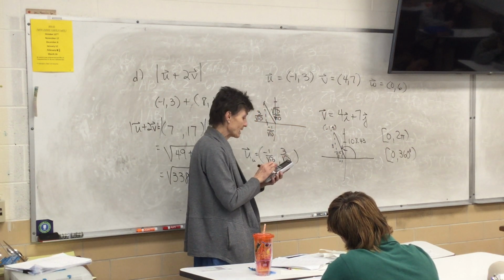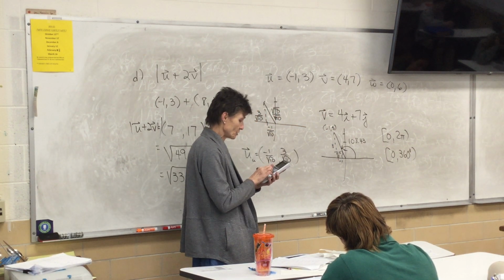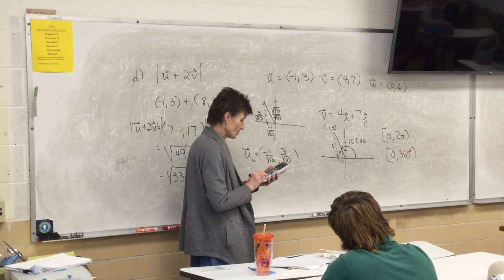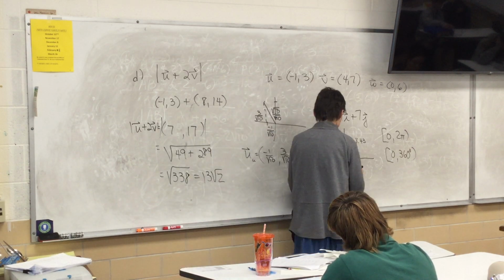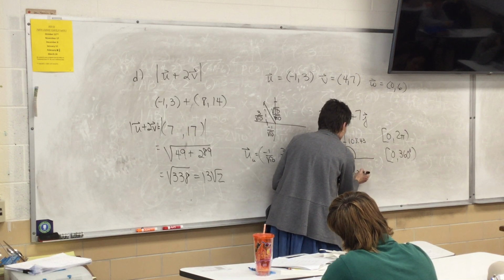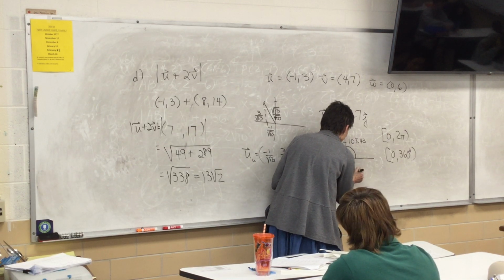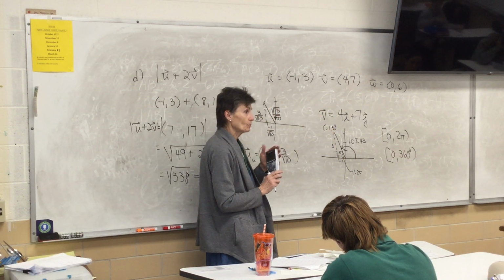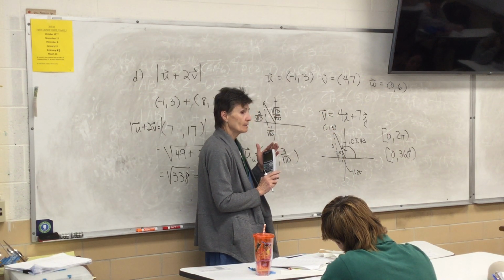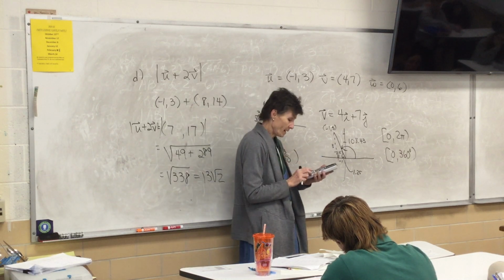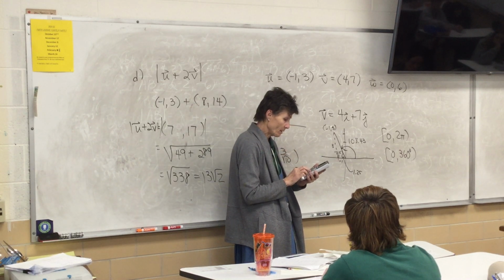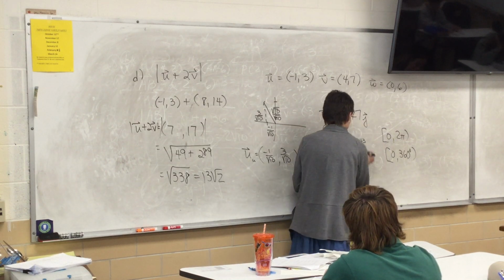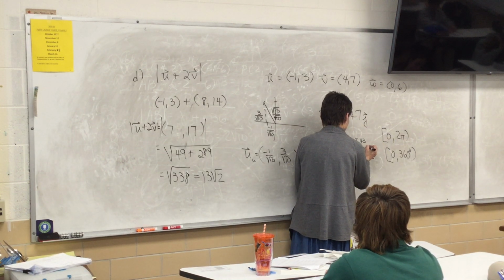And then I can do the same thing in radians, just change my calculator to radians, and do inverse tangent of 3. So in radians, it's 1.25 for the reference angle. How would I find the actual direction then? From pi, right, subtract it from pi. And in radians, it would be 1.89.